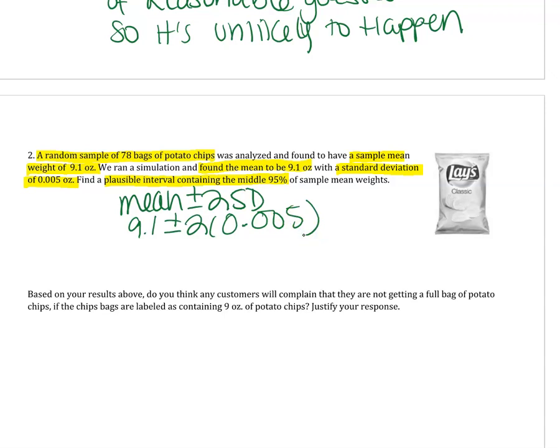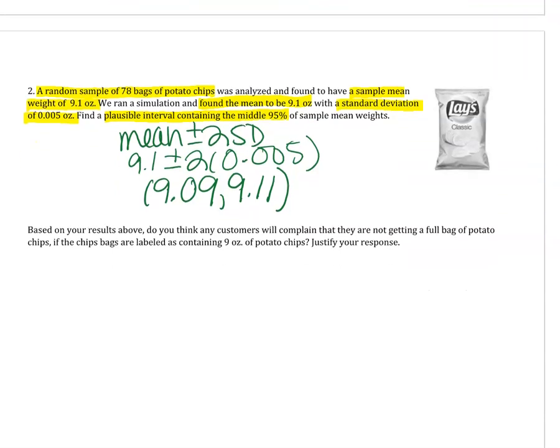So take a moment, figure that out. So you should end up with 9.09 and 9.11. So again, that's your middle 95%. Anything in that interval is expected, okay? Including 9.09 or 9.11, totally expected.